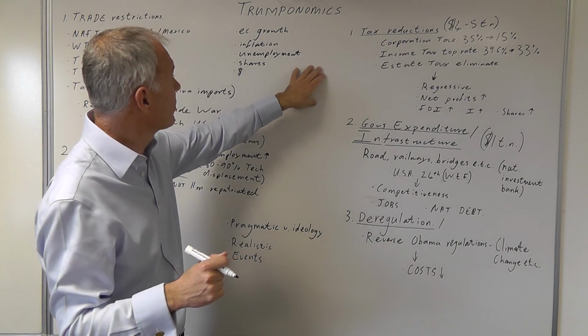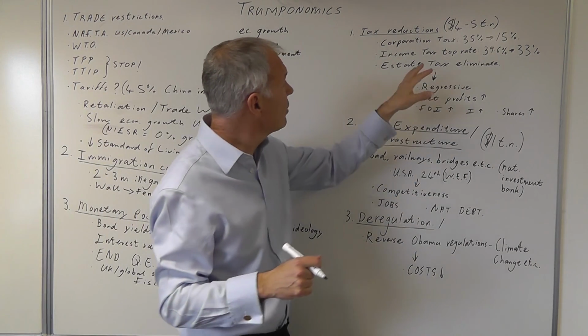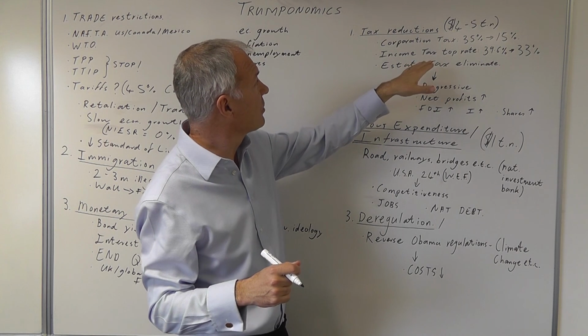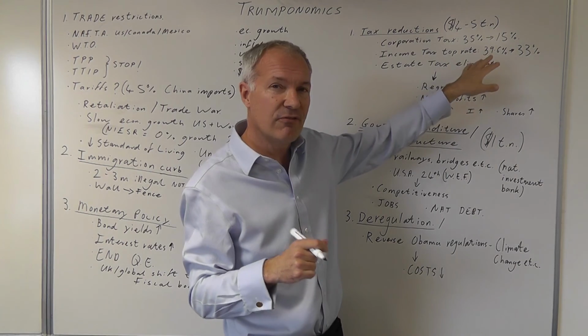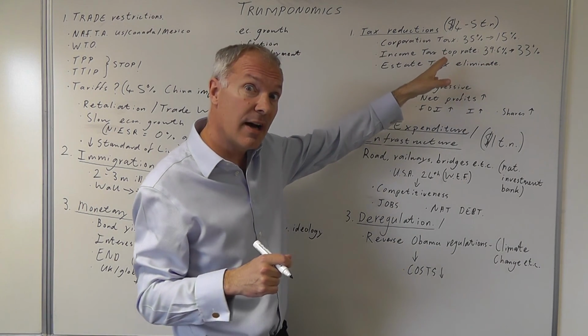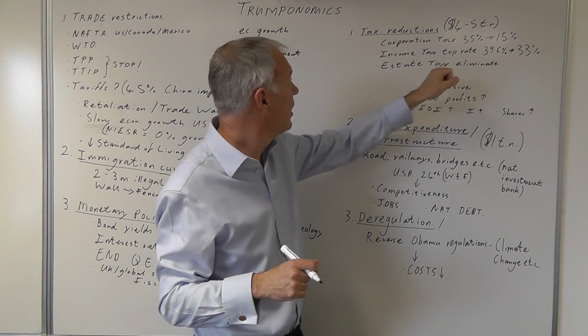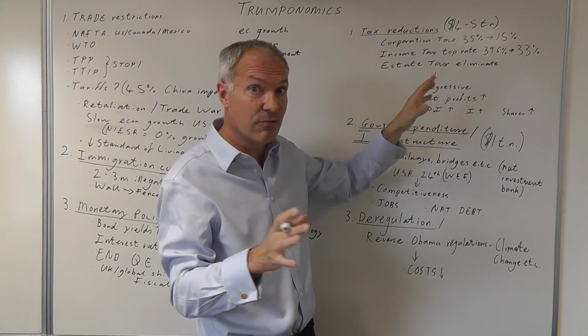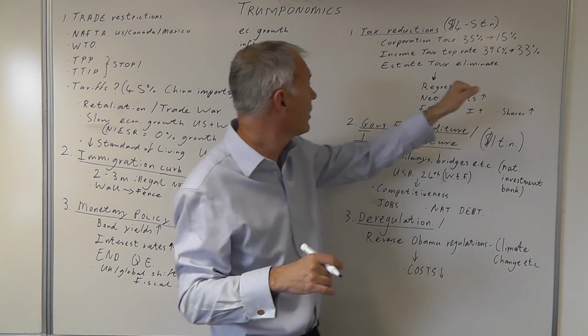Okay, so let's have a look. First of all, on taxation, we can see extraordinary tax cuts. So corporation tax will be cut from 35 to 15%, from amongst the highest in the Western world to amongst the lowest in the Western world. Income tax, the top level for the rich, is likely to be cut from 39.6 to 33%.